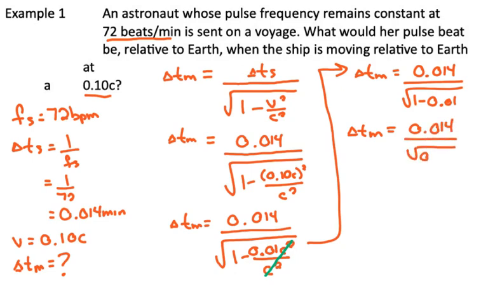On the bottom, we get the square root of 0.99. And we can put this in a calculator, work it out. We need 2 sig figs. We get 0.014 minutes.